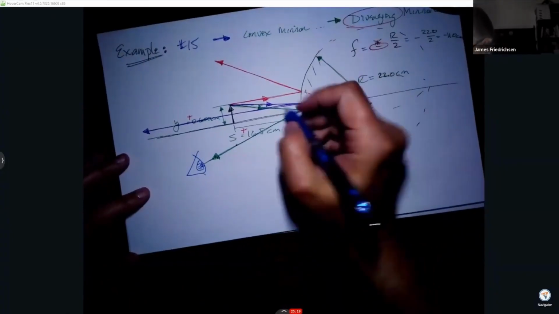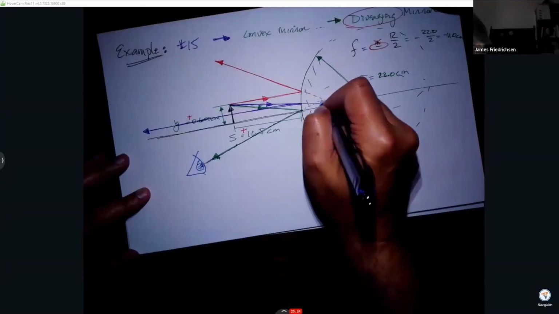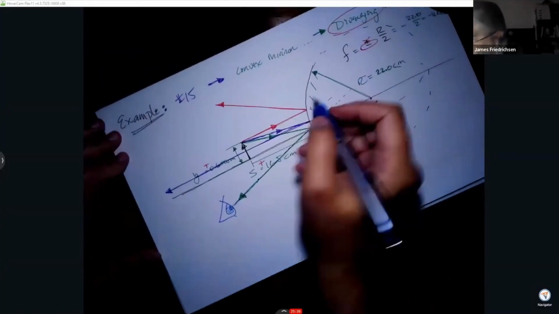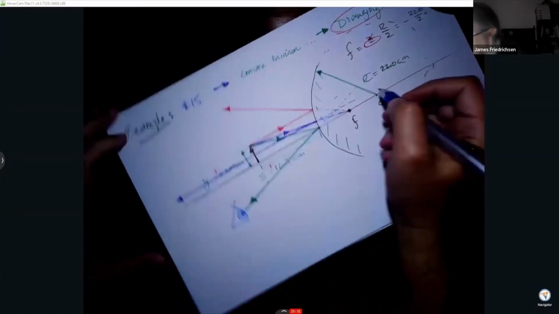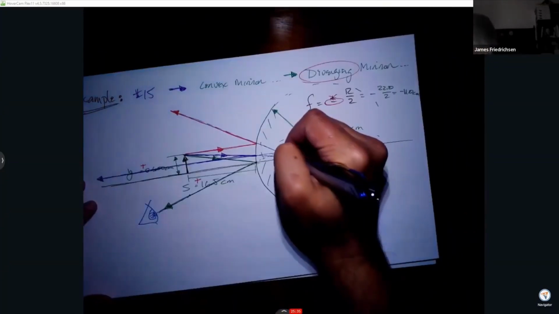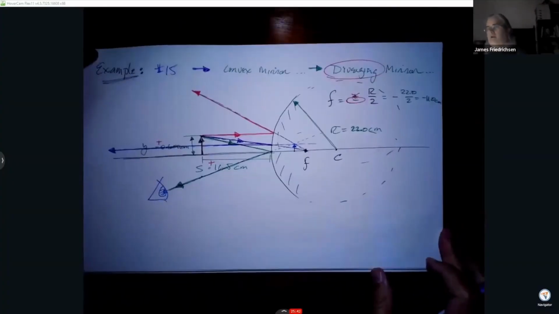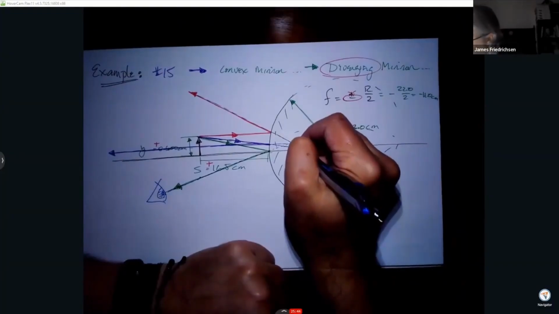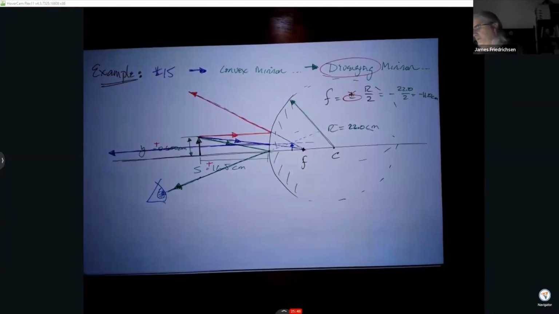And so if we trace our outgoing rays backwards, this outgoing ray backwards, this outgoing ray backwards, then it appears as if the image is right here. Now we can talk about the characteristics of our image just from the diagram, okay? And so the first thing is, well, is it real or virtual? And we would get what?